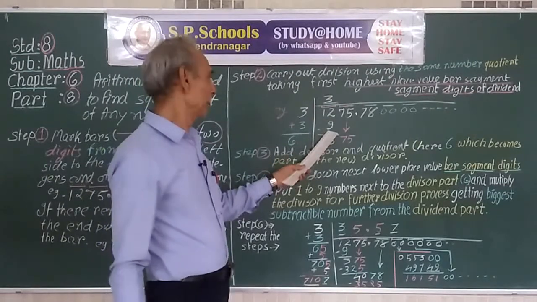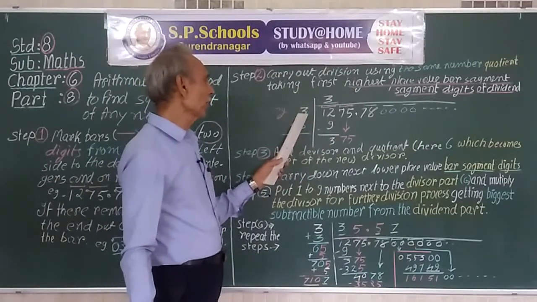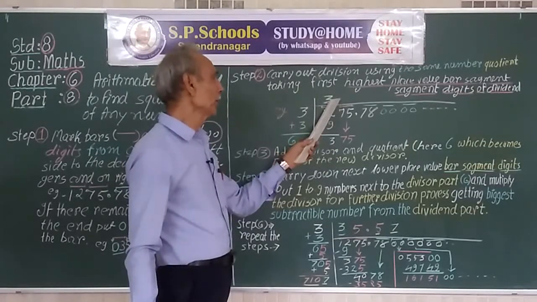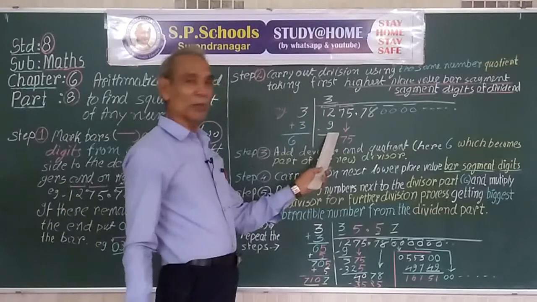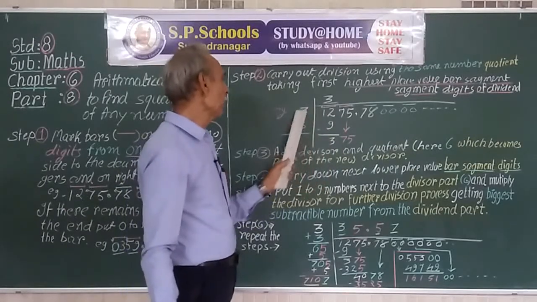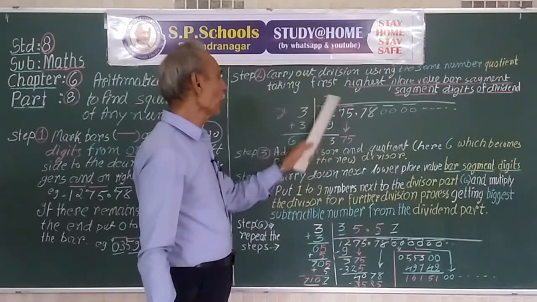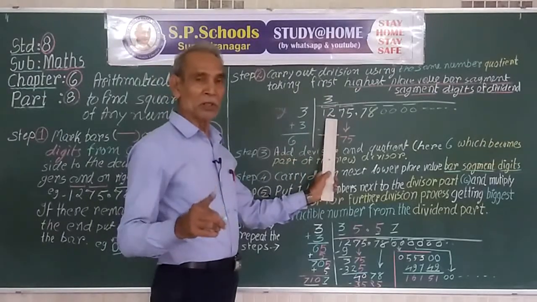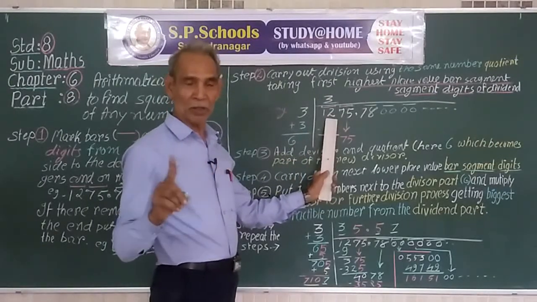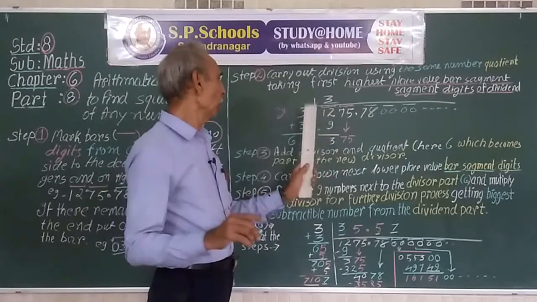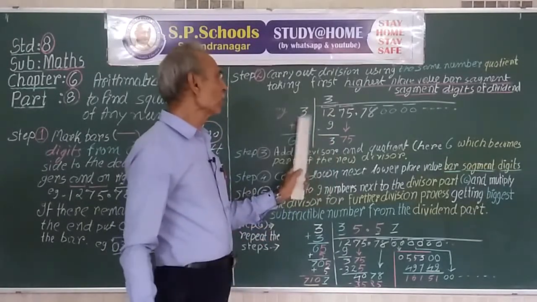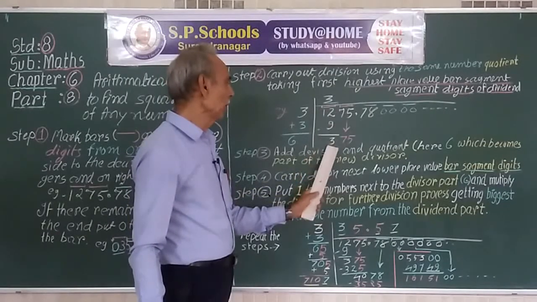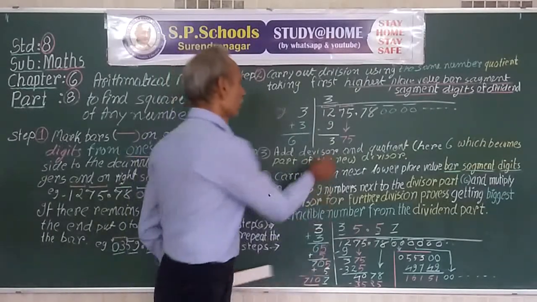Like that. Multiply the divisor, taking the same number as quotient, and get the part of the dividend. So 4 fours are 16, which is not subtractable from 12, so division by 4 will not go ahead. So we take 3, 3 threes are 9. Subtract 9 from 12, remains 3.